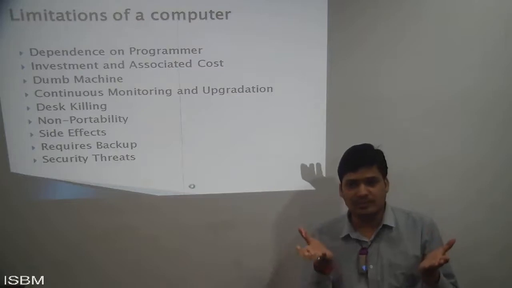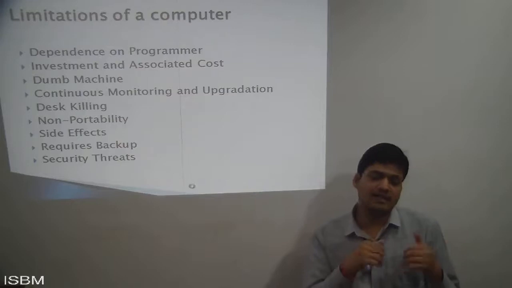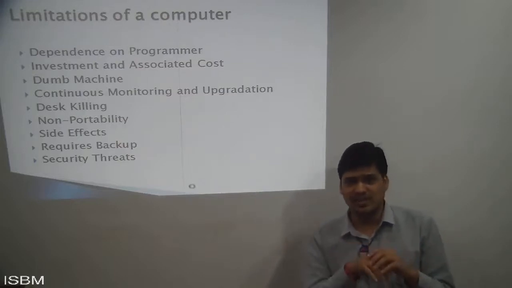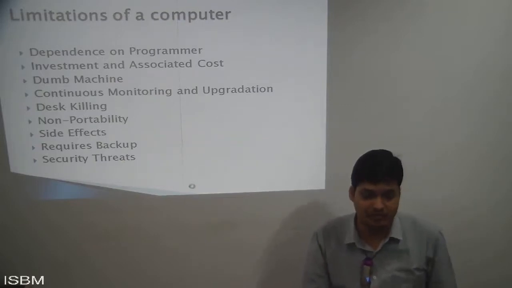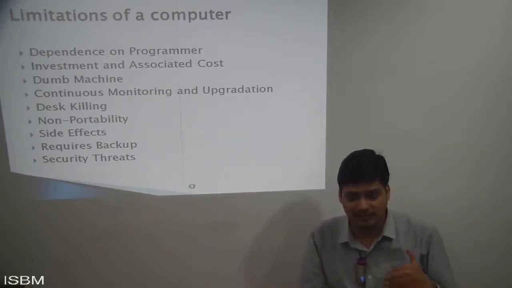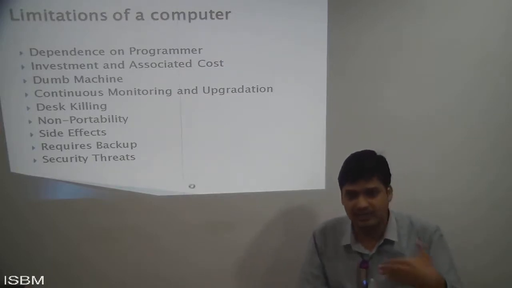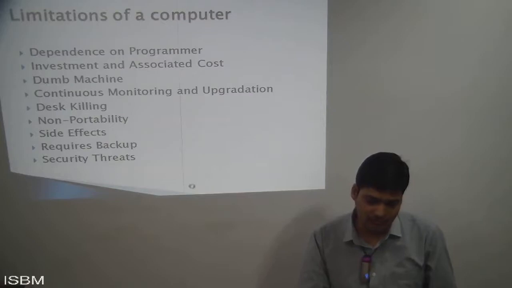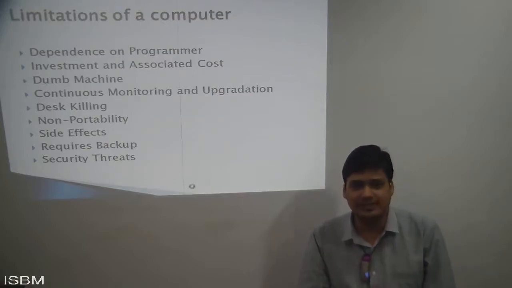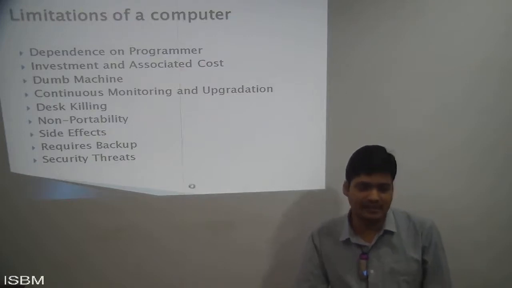Most people are working in different industries using computer systems, so they have to sit around 8 to 10 hours at a desk and continuously read and follow their work in front of the system. So obviously it impacts the human being, and at the end of the day there are a lot of diseases we are facing nowadays because of this computer system. So obviously it's a desk killing kind of thing.